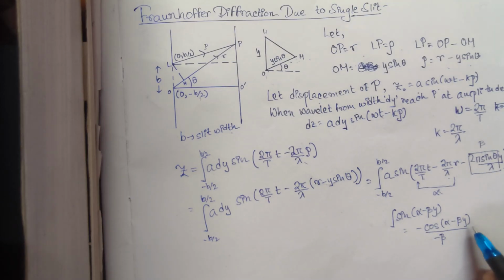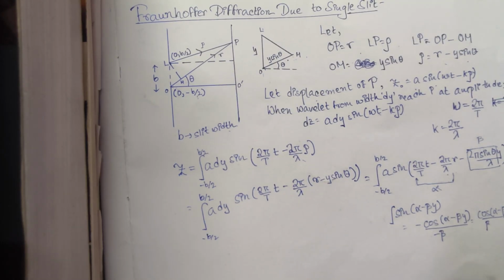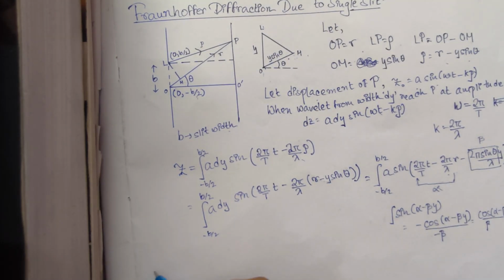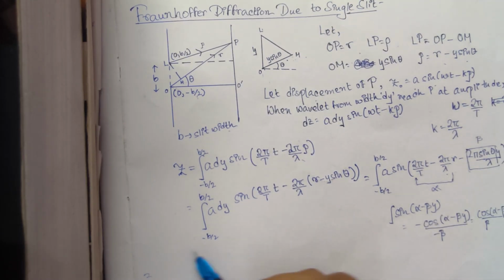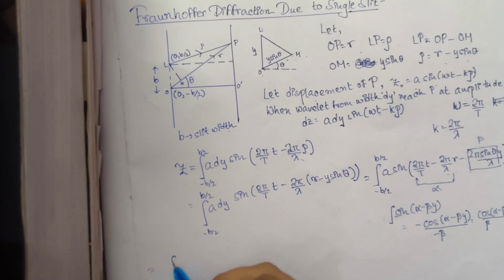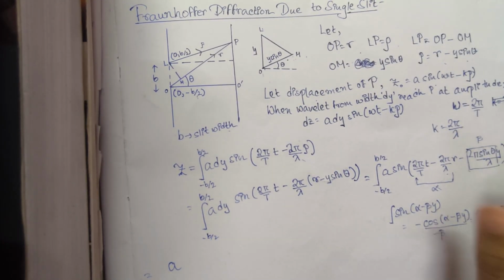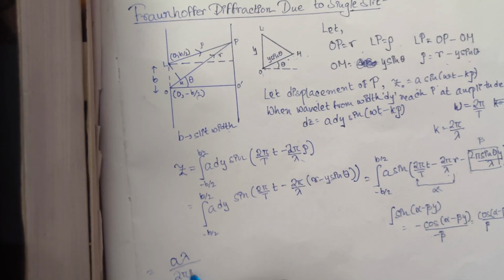So we get cos (alpha minus beta y) by beta, as the minus gets cancelled. Now this constant beta will come out as its reciprocal. That means here it is a, and the reciprocal of the whole thing, that is a lambda by 2 pi sine theta.